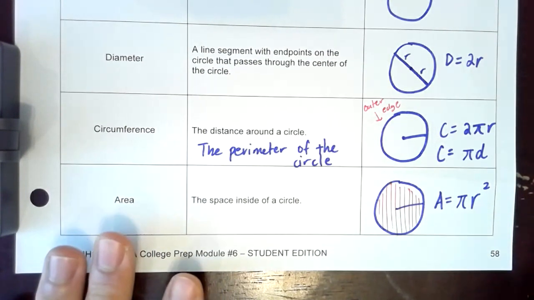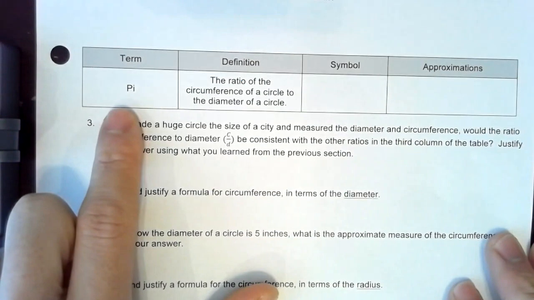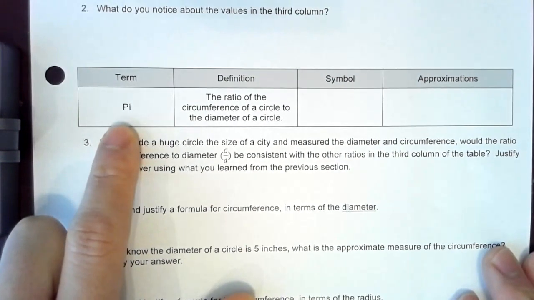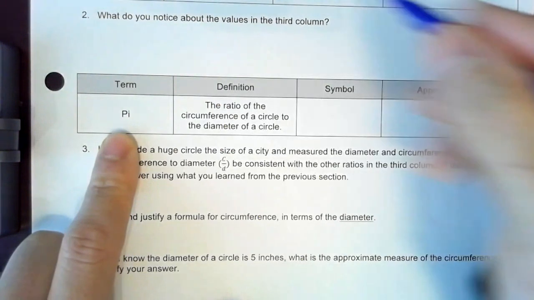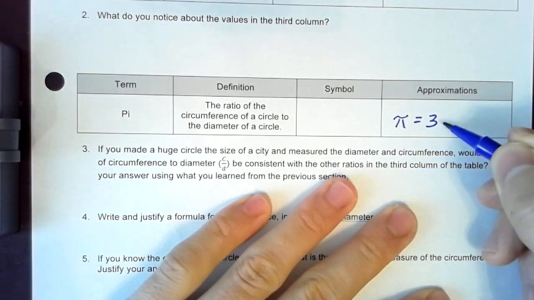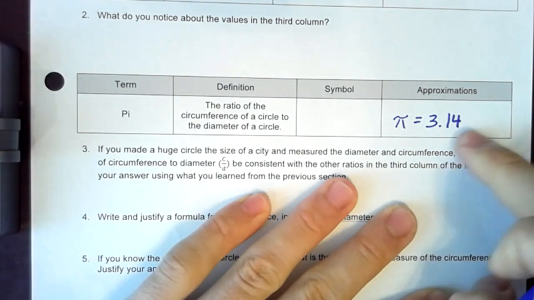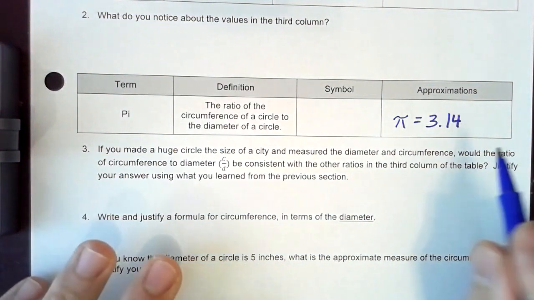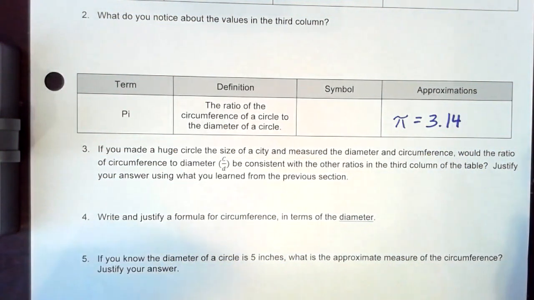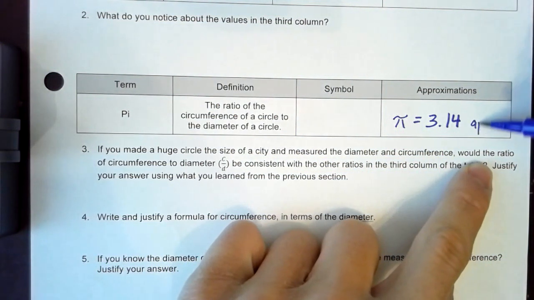So what exactly is pi? Well, the next page has a definition that we should all look at, and it's in the middle, and it's pi. We just had Pi Day. We kind of know that pi is approximately 3.14. You may know other values after that, but for this class, we always want to use 3.14 as the approximation, right?